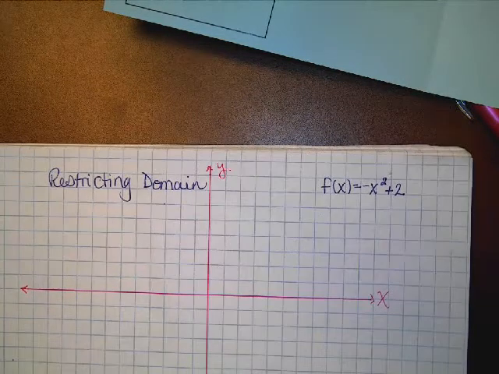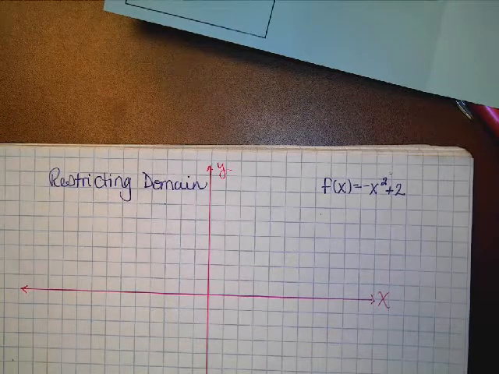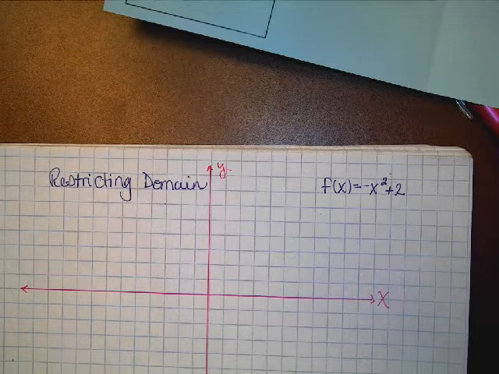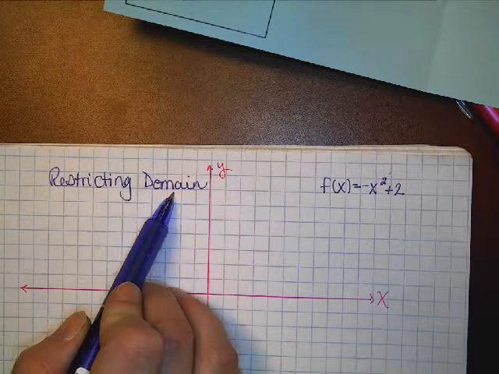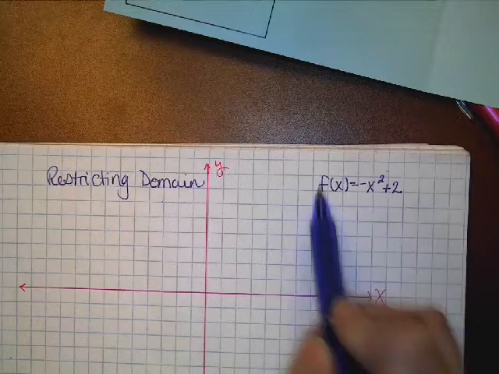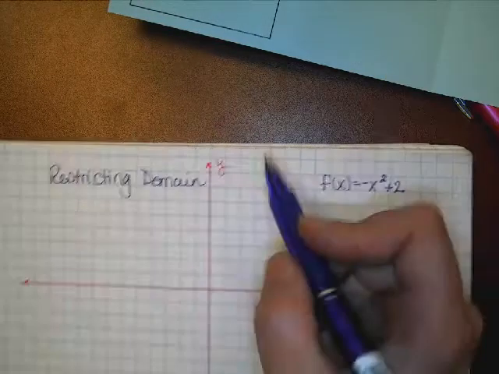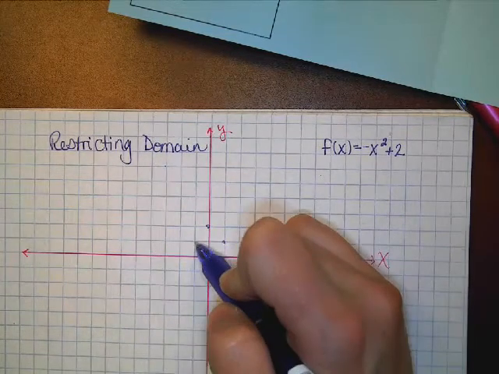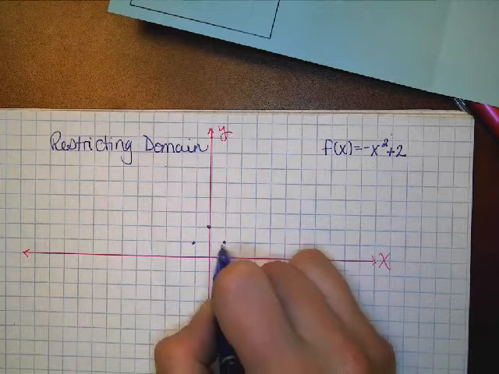So we had the function f of x equals opposite x squared plus 2. But remember, that didn't have an inverse that was a function. It had an inverse, but its inverse was just an equation, not a function. What if I wanted to write its inverse as a function? In order to do that, I need to restrict its domain.